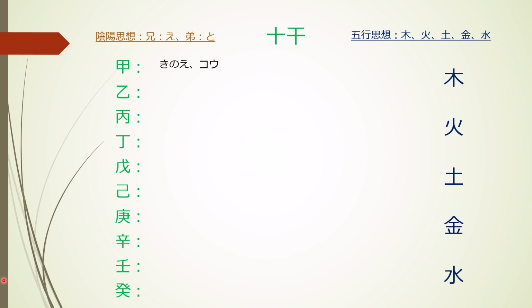Okay, so the first one, Kinoe, the onyomi is Ko. See, in hiragana we have the kunyomi, and in katakana we have the onyomi. And this is the first one, number 2, Kinoto, Otsu or Itsu, another onyomi reading.